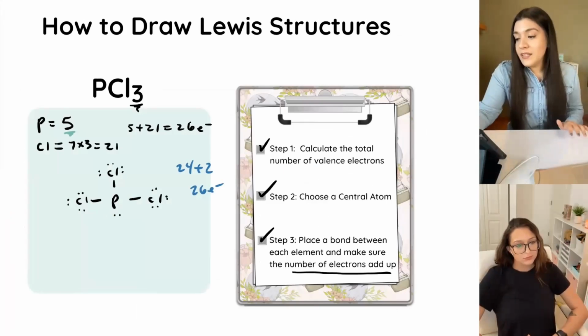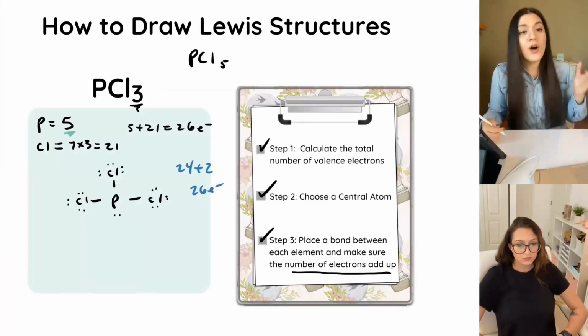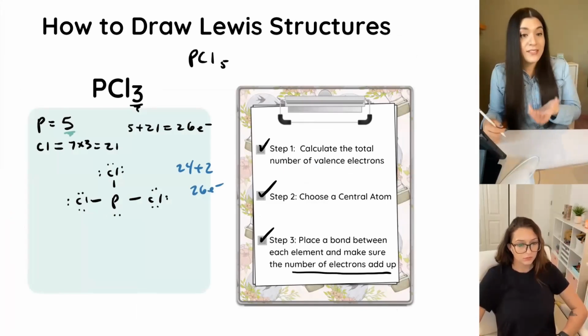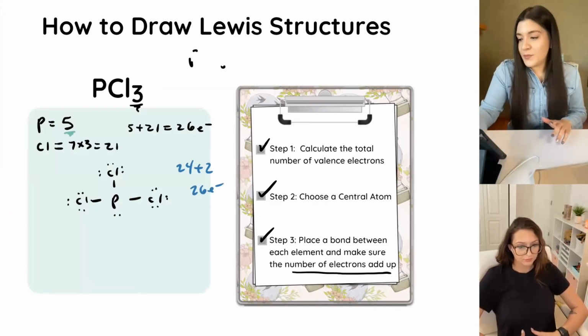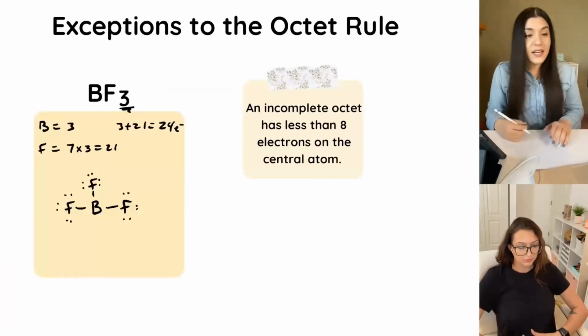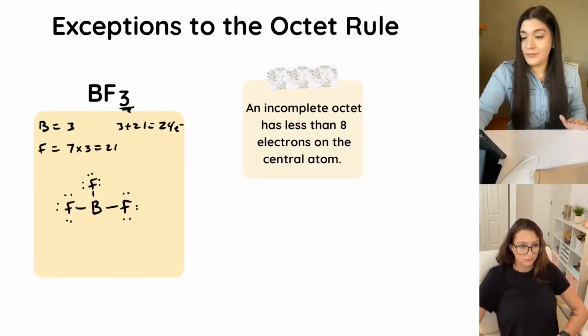However, if there was 5 chlorines, then I would see, okay, this does have that possibility of having that expanded octet if it so needed to. So it's based on whatever atoms are attached to it. Okay, we'll do some examples there. Versus, let's say boron or beryllium, they're always going to be incomplete. It's not saying that they have the possibility. No, those for sure are incomplete. They're not going to obey the octet rule.